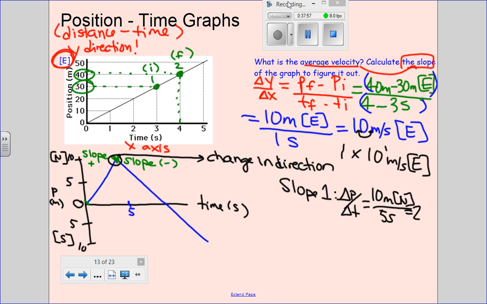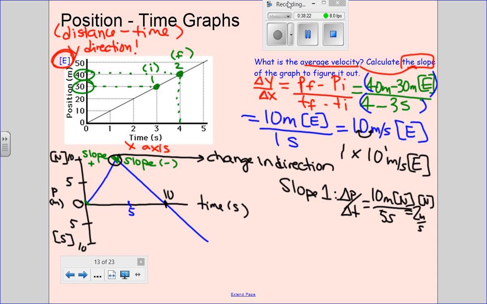My answer is 2 meters per second north. Now if I look at the second section of the graph, and we're going to assume that right here is 10 seconds, what you'll see is that my slope has the same numeric value.